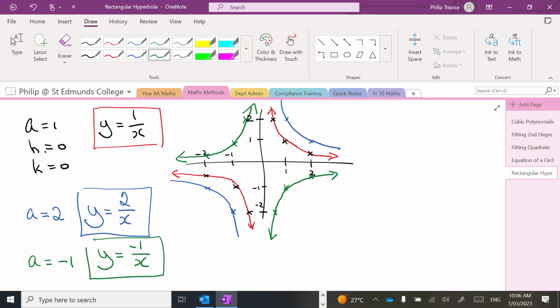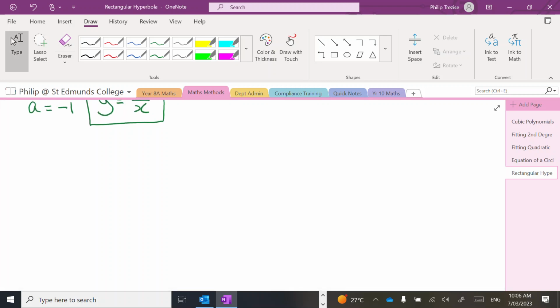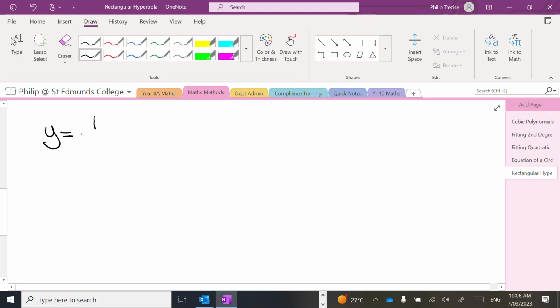Now, h and k. Let's go to a fresh diagram. I'm going to pick one that says y equals 1 over (x plus 1) minus 3.